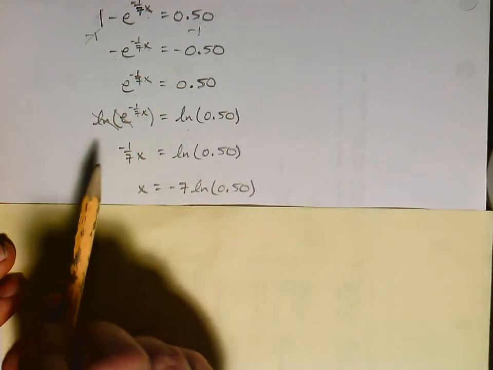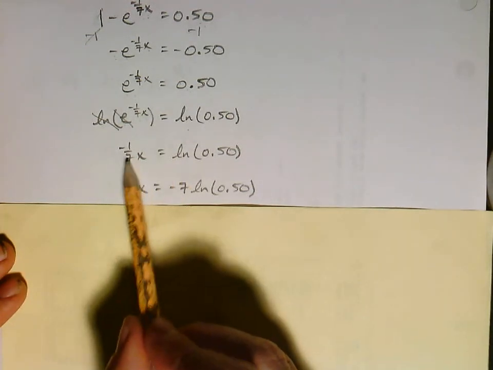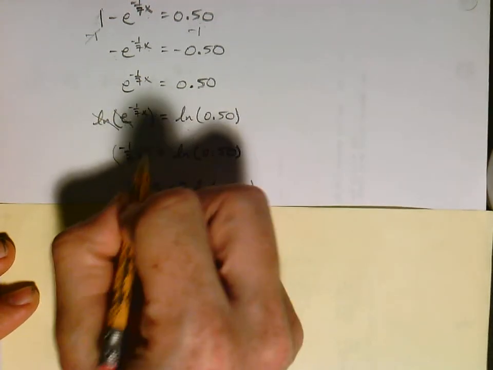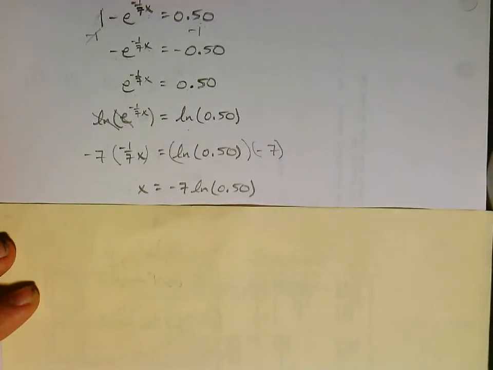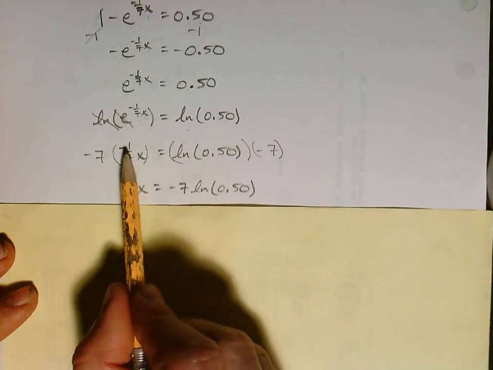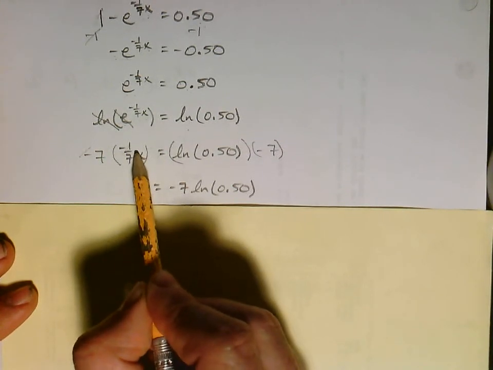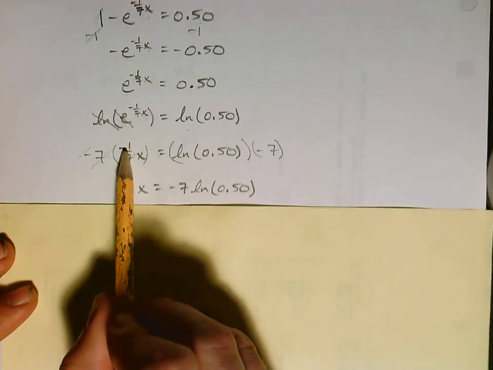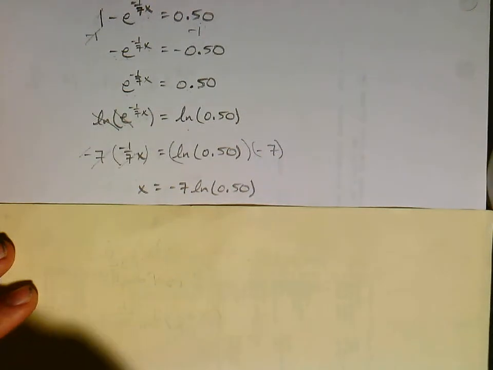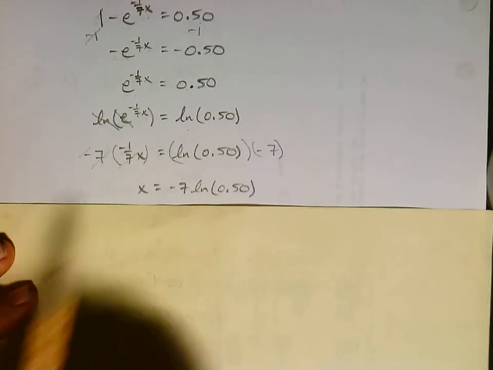From here, we see we've got negative 1/7. So we're going to multiply both sides by negative 7. Negative 7 times negative 1/7, the negatives would cancel, as would the 7s. Negative times negative is positive, and 7 times 1/7 is 1.